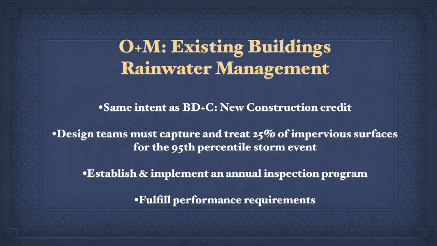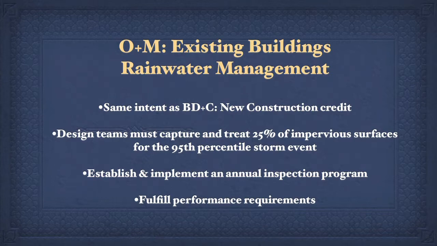It's also important to note that the rainwater management credit can contribute up to 3 points for O&M projects, specifically existing buildings. The intent is identical to the new construction credit, which is to reduce runoff volume and improve water quality by replicating the natural hydrology and water balance of the site based on historical conditions and undeveloped ecosystems in the region.